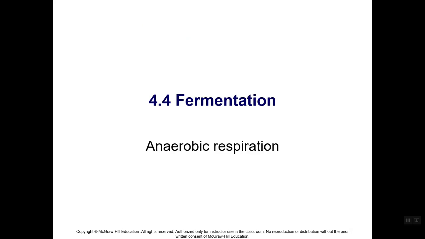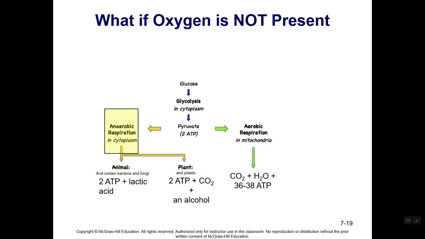Okay, so next is fermentation. Fermentation is what occurs in an anaerobic environment. If our cells are depleted of oxygen, then the pathway will go into fermentation rather than aerobic cellular respiration. That's when oxygen is not present.